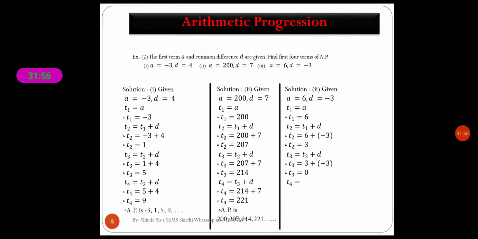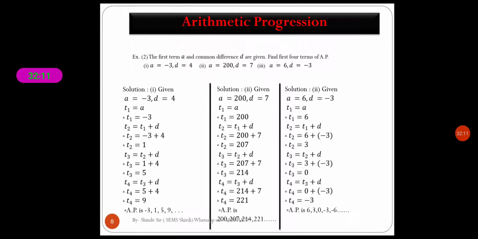Similarly t4 is equal to 0 minus 3, which is minus 3. Therefore the AP is 6, 3, 0, minus 3, minus 6 and so on.